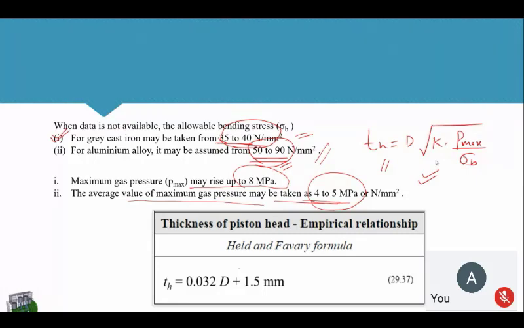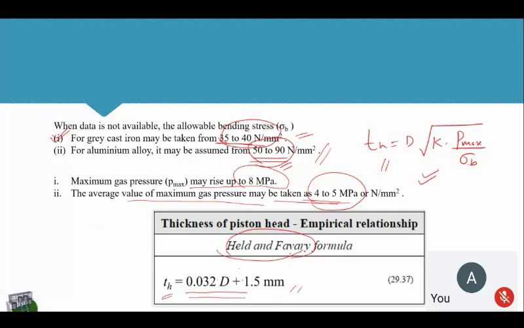In addition to that, Mr. Held and Femery, these are the two researchers. These two gentlemen proposed an empirical formula to calculate the thickness of the piston head, which says that the thickness should be equal to 0.032 D plus 1.5 millimeter.